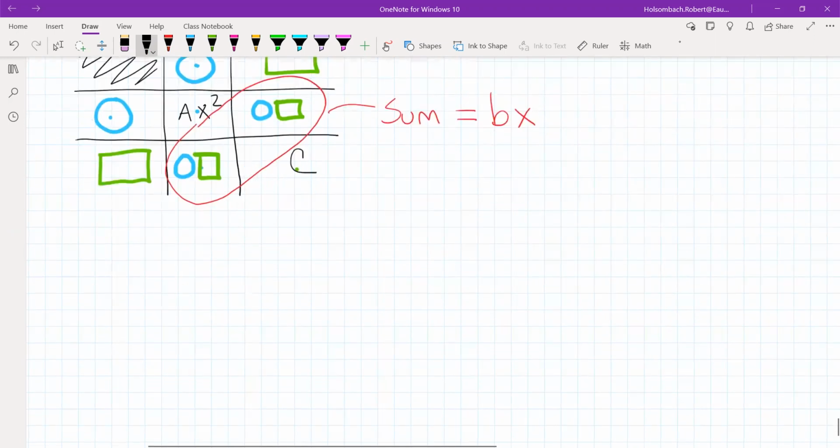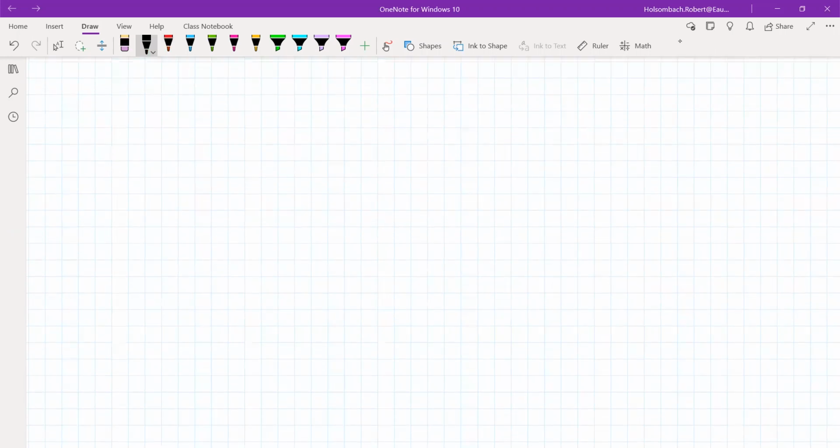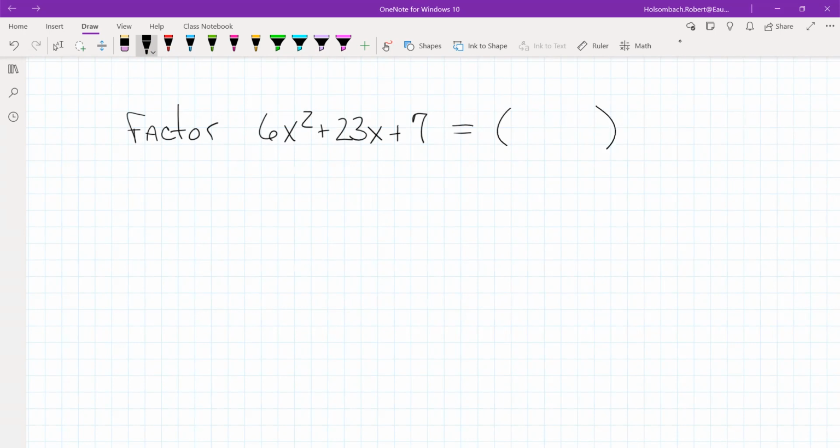So what we're going to do next is we're going to factor 6x squared plus 23x plus 7. Now, when we factor it, our factors are going to be in parentheses.